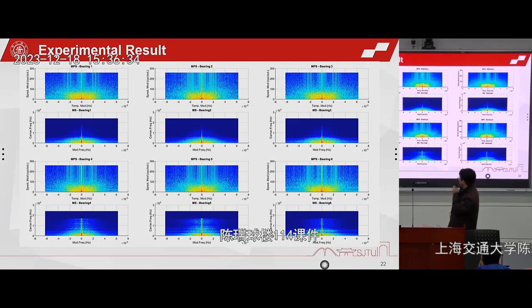In this experimental test, we had sound data from six types of models. All of these models failed because of corrosion. What is corrosion? Corrosion is a kind of friction. It cuts the inner layers of the inner surface of the bearing.